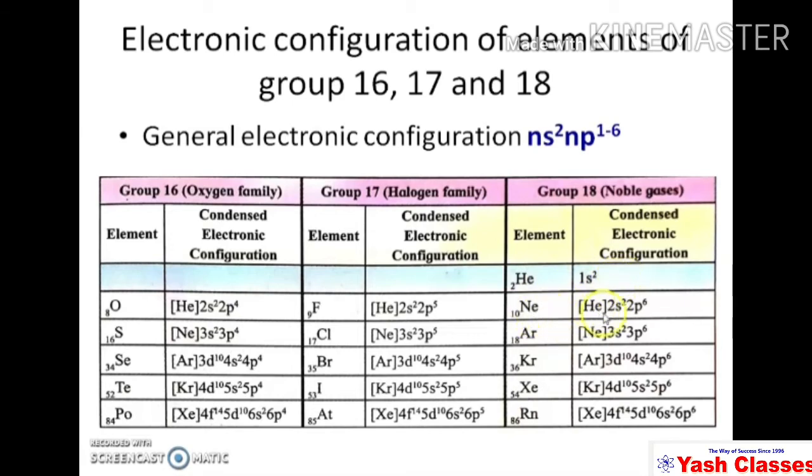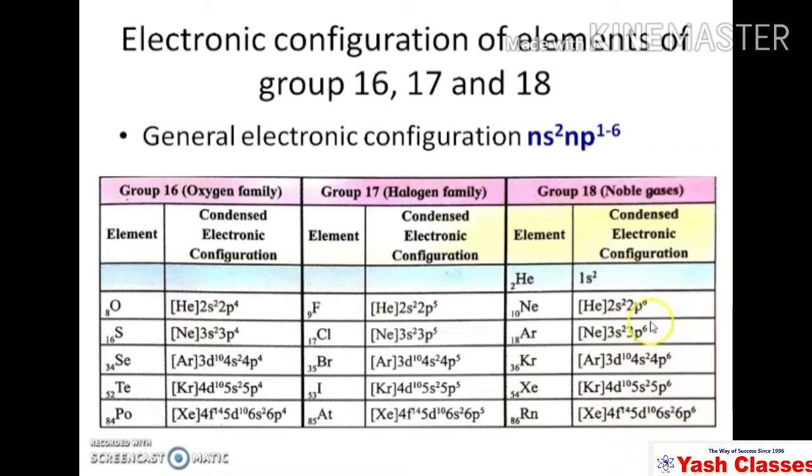For neon, the configuration is 2s2 2p6. Argon, 3s2 3p6. Krypton, 3d10, the d orbital is there, 4s2 4p6. Xenon, 4d10 5s2 5p6, and radon, 4f14 5d10 6s2 6p6.